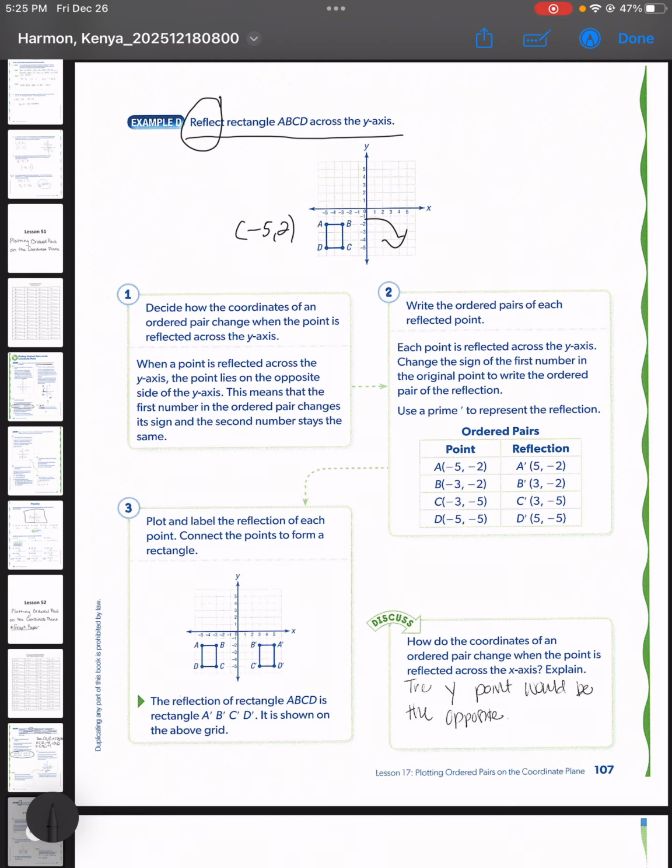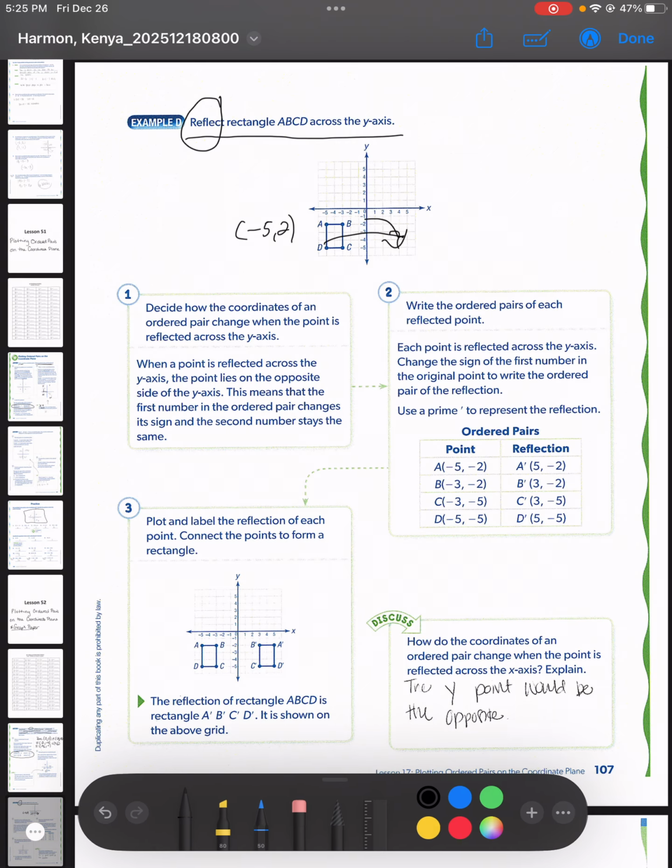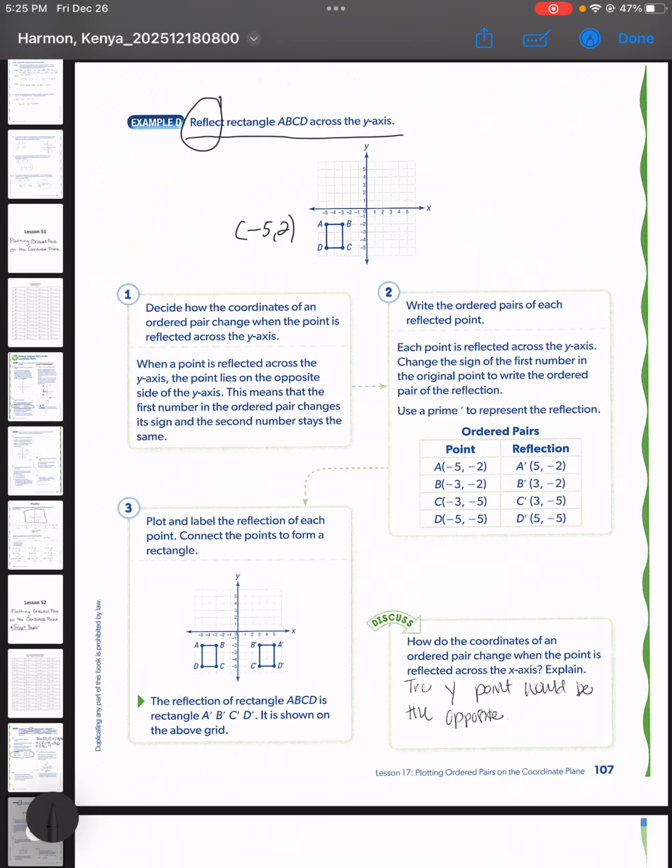So if I'm going to end up over here, and this rectangle is not going to get any smaller or any larger, where is point A going to end up? It must end up at 5 and -2.